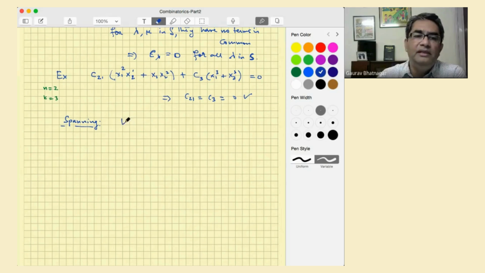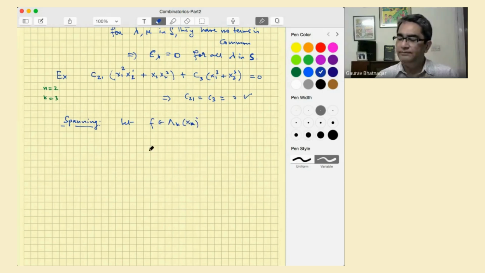Now to prove spanning, let f belong to lambda k of xn. If f is equal to 0, then there is nothing to prove.